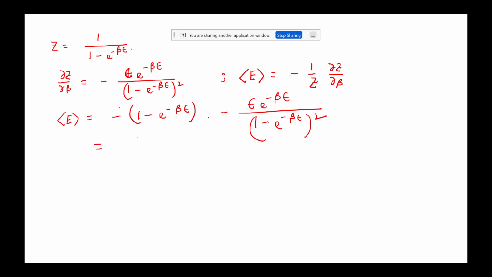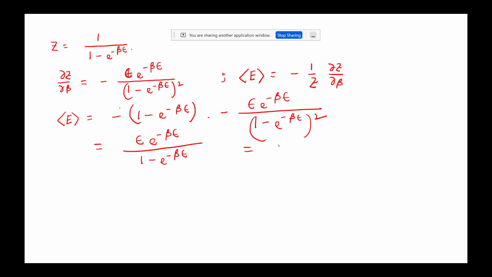It will become epsilon e to the power minus beta epsilon divided by 1 minus e to the power minus beta epsilon.